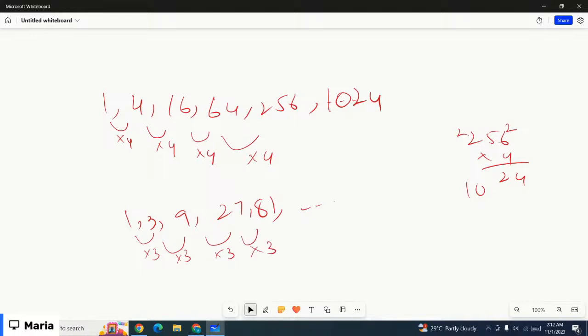You can see each next number is the multiple of 3, right? So for the next one, you have to multiply 81 times 3. 3 times 1 is 3, 3 times 8 is 24. So the next number in the sequence is 243. Let's just do practice questions from this lesson.